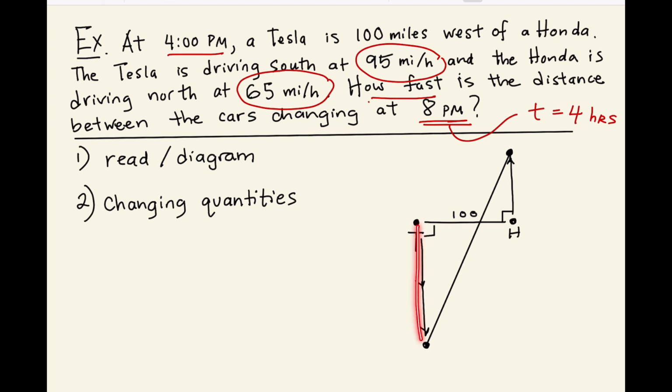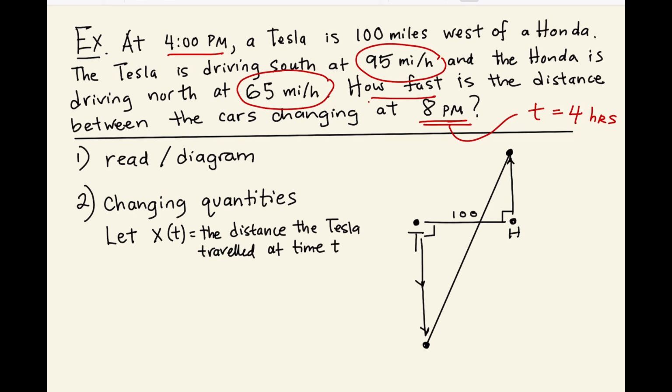Now the Tesla, I know the distance the Tesla travels, which would be this distance right here. Let x of t be equal to the distance the Tesla has traveled at time t.